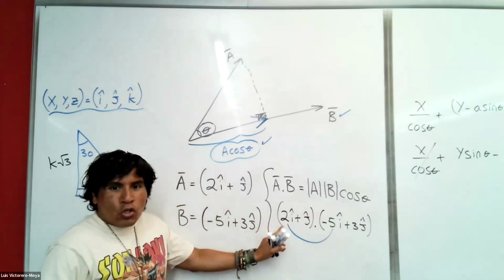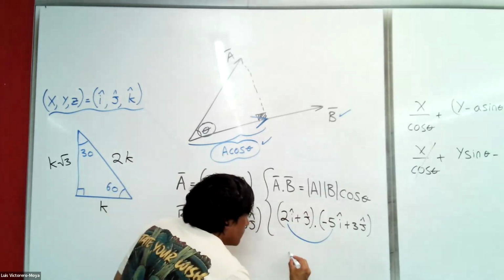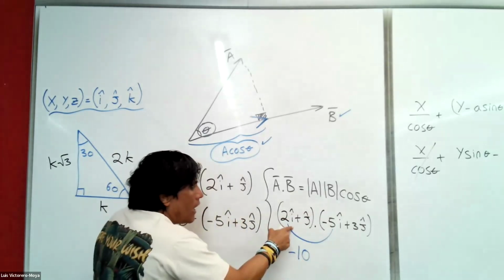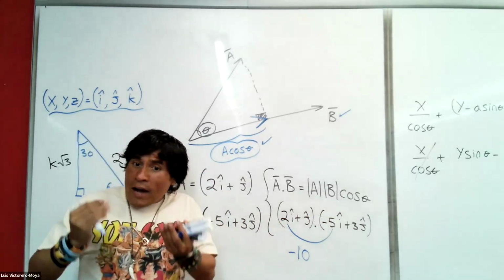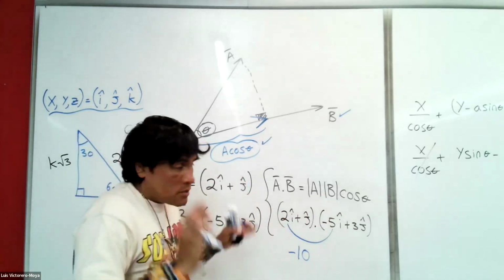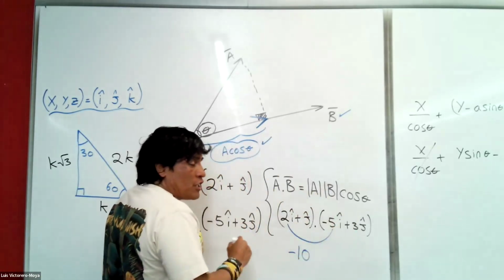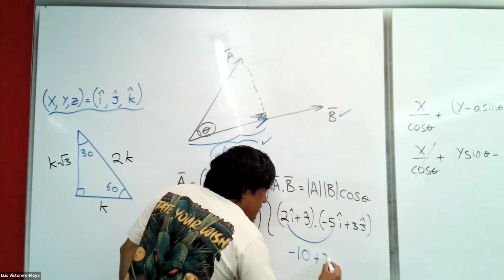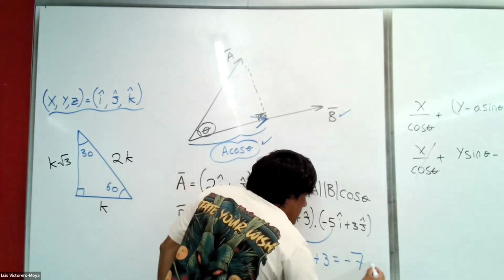So 2 times negative 5 is negative 10. i times i is 1 because the magnitude of i is 1, a scalar. And then 1j times 3j is plus 3. Negative 10 plus 3, negative 7.